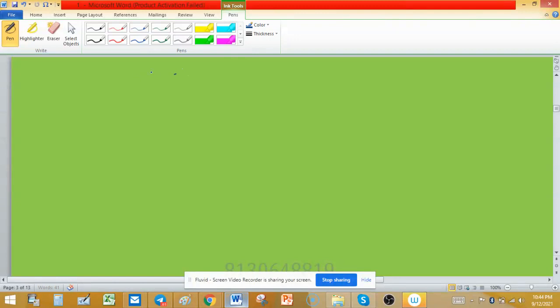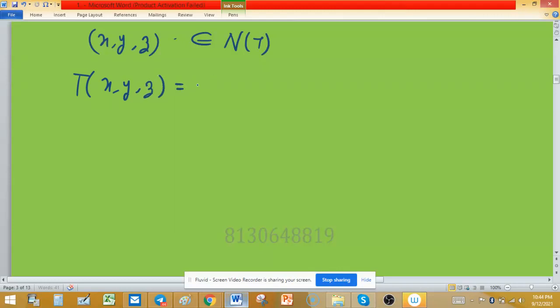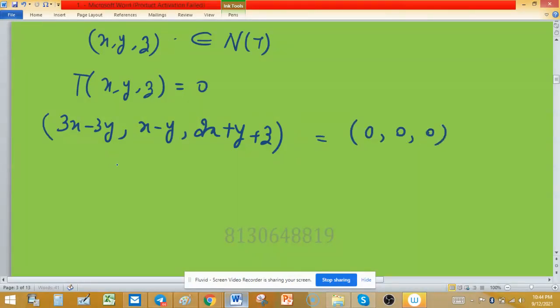Suppose an element (x, y, z) belongs to the null space of T. Using the definition of null space, T(x, y, z) = 0, and by the structure of T, (3x − 3y, x − y, 2x + y + z) equals the zero vector.